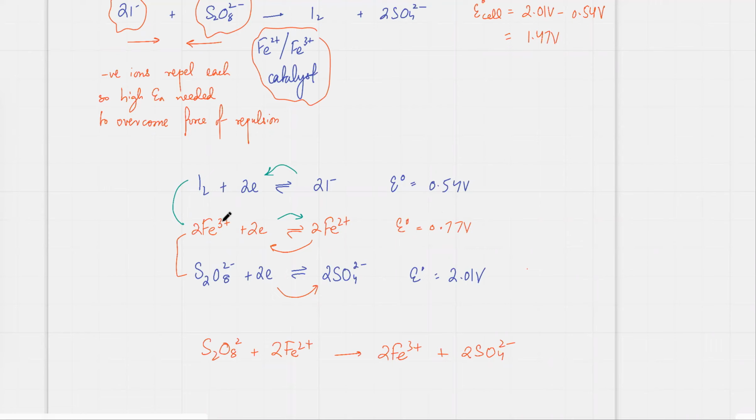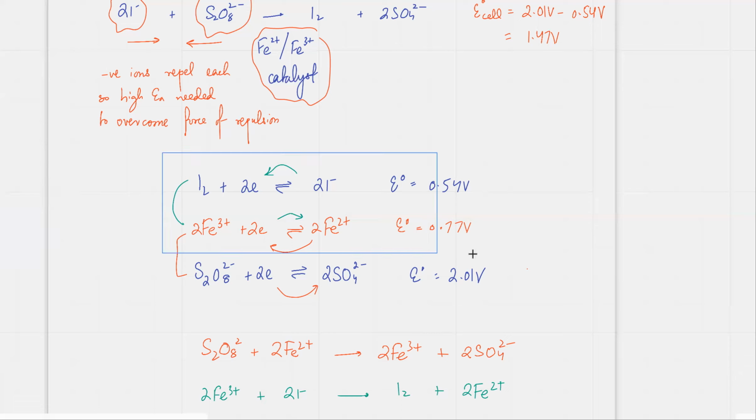In that case, Fe3 plus is the reactant, and 2I minus 1 is the other reactant. The products are I2 and 2Fe2 plus. So this is what is happening, that iodine goes and reacts with Fe.